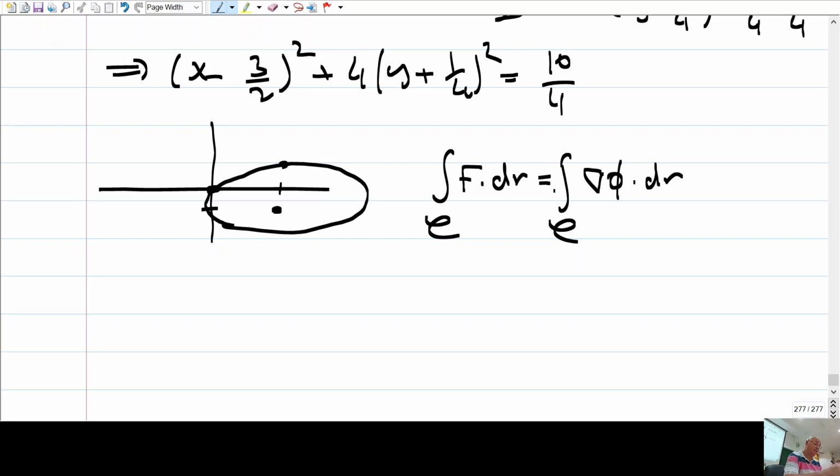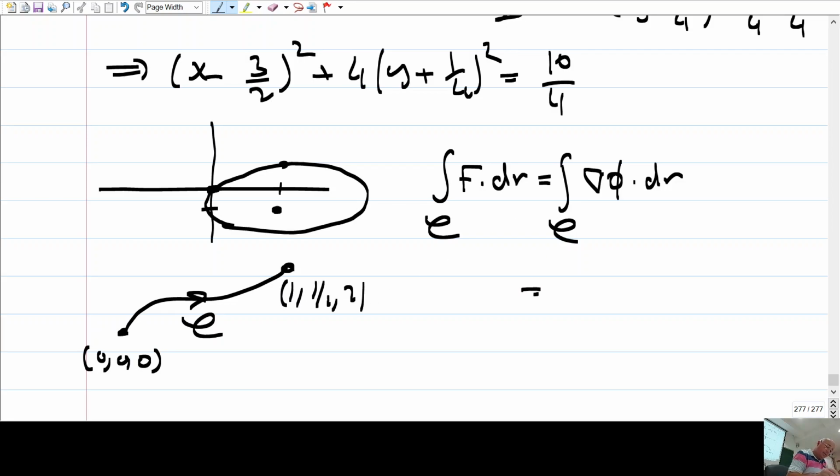However, since it is conservative, if this curve is C, this is the point 0, 0, 0, and this is the point 1, 1/2, 2. Then this integral is just phi of (1, 1/2, 2) minus phi of (0, 0, 0). Since it is conservative, the only thing that matters are the endpoints.